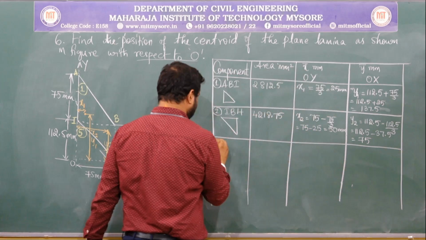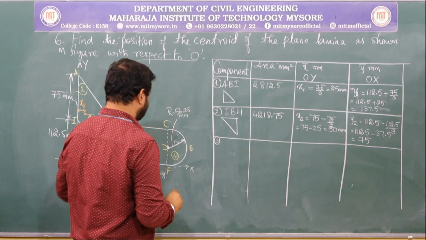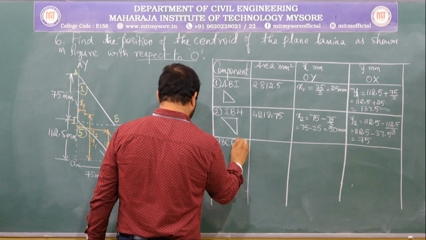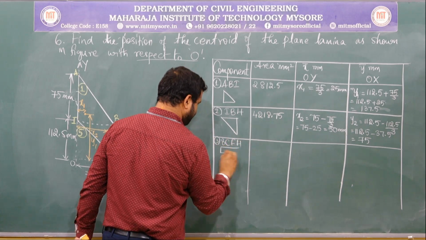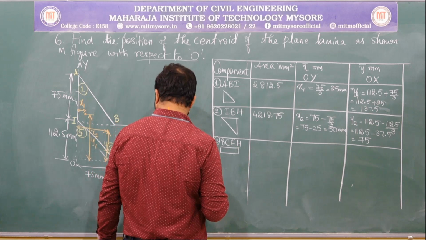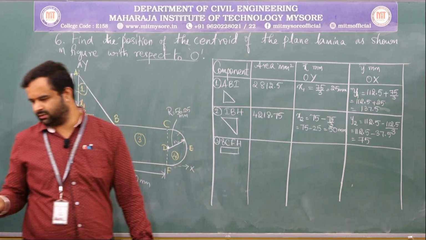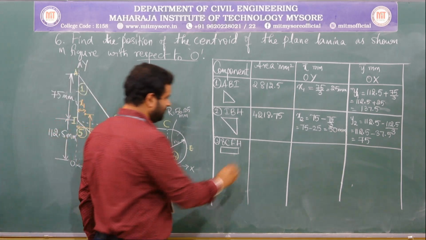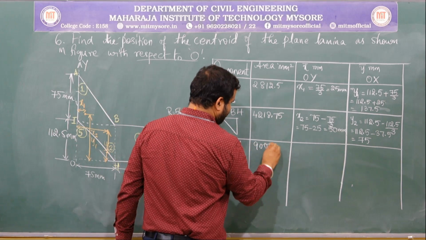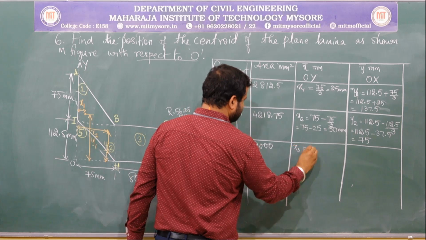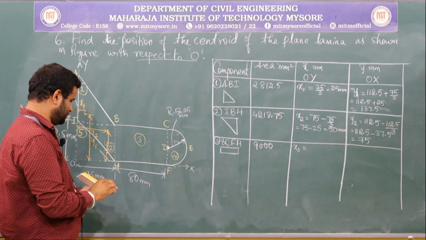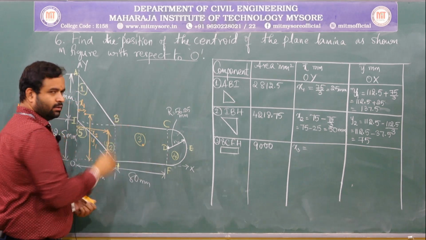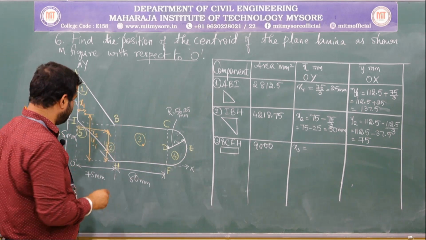Component 2 is over. Component 3 is a rectangle BCFH. So, the area is 80 by 112.5, which is 9000 mm square, and the x3 value from OY axis. So, this is the centroid where the rectangle centroid will be lying. This is the point.